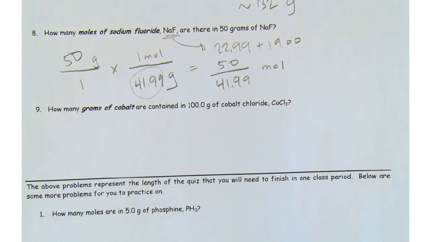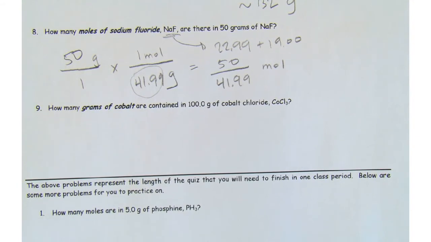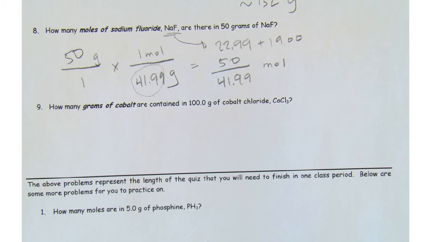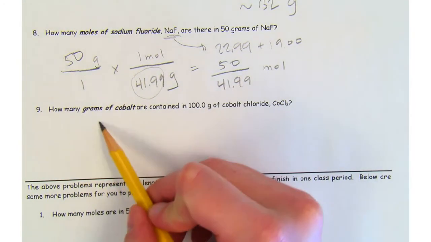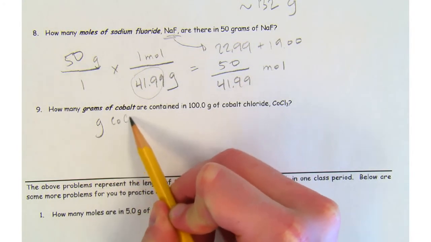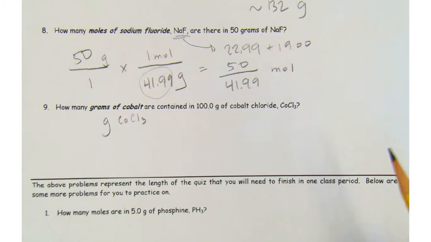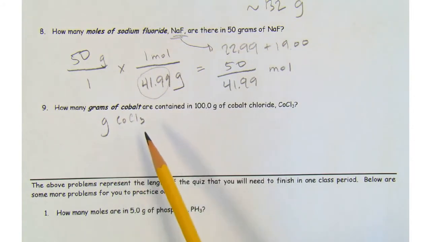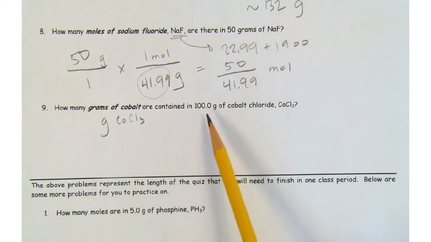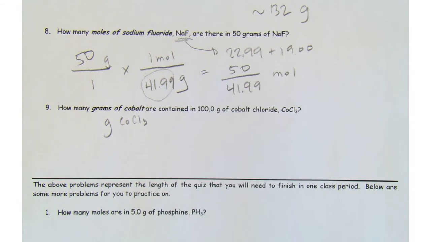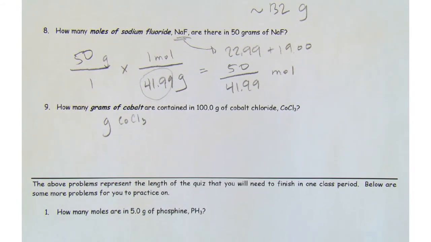This last one, number 9, is probably the trickiest one on the whole page. So this problem's tricky. I'll try to go over the strategy for solving it. So you're given grams of CoCl3. That's what you're given right here, this 100 grams. Now, some of that 100 grams is cobalt, some is chlorine. Your job is to figure out how much of that 100 grams is cobalt.